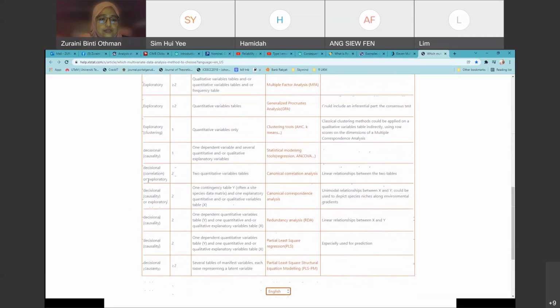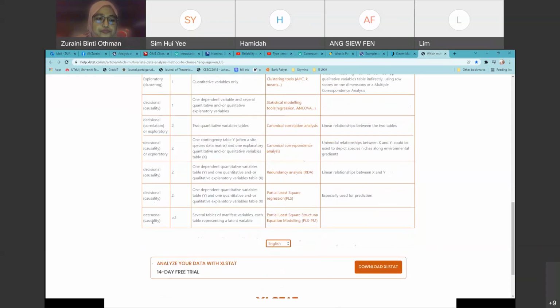Okay, then if our exploratory goal is to cluster something and it involves quantitative variables, you may use a clustering tool such as AHC, K-means, and others. Okay, a classical clustering method could be applied on the quantitative variable table indirectly using row scores and dimensions of multiple correspondence analysis.